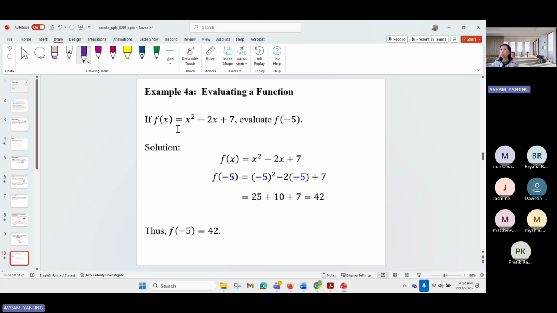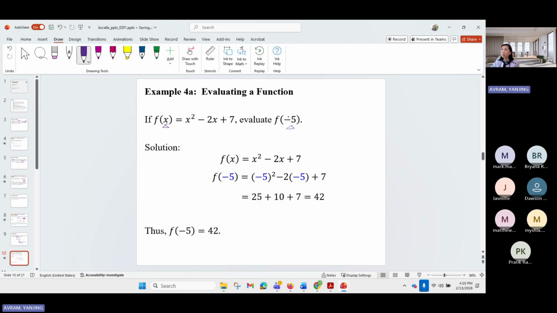Look at this one right here. This is a quadratic equation. I want to evaluate the y value when x equals -5, so I can just say, find f of -5, and you should know what to do. This x is a variable. x can be replaced by anything inside the parentheses.